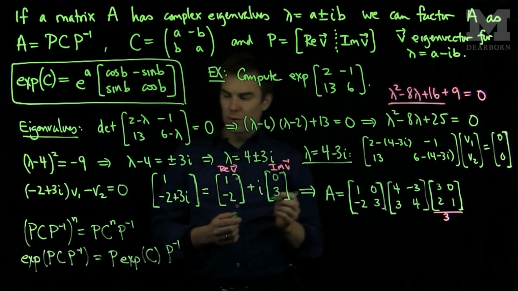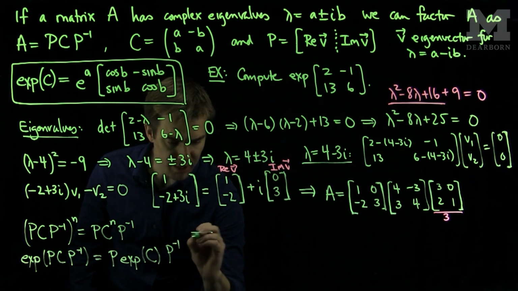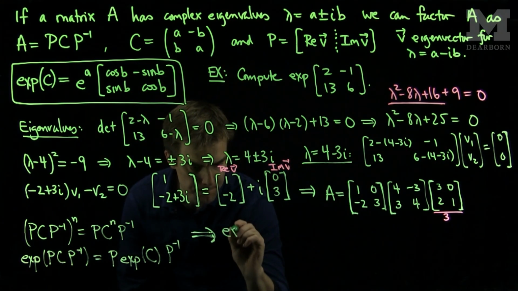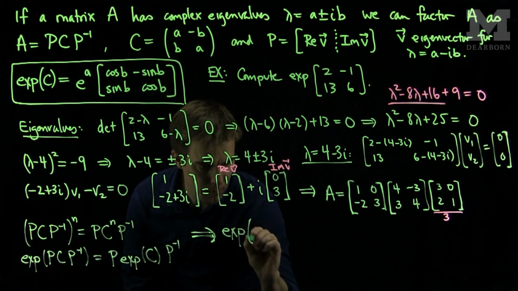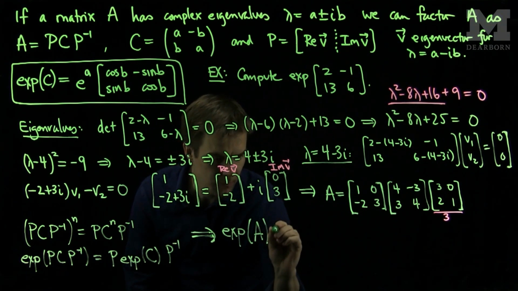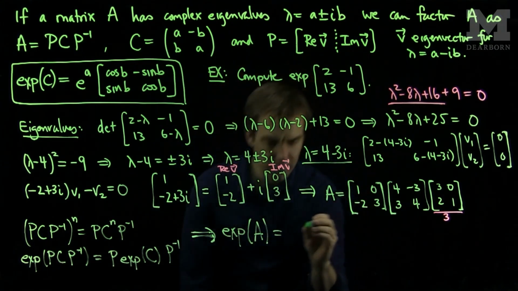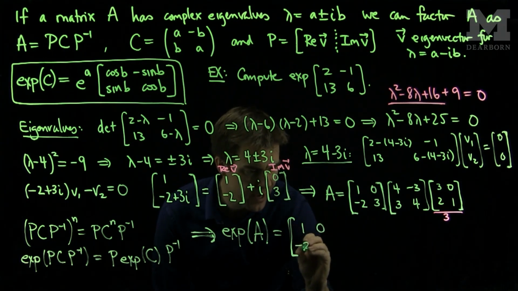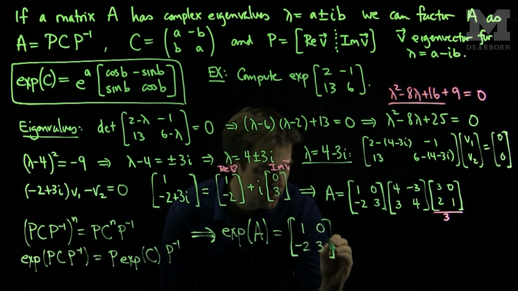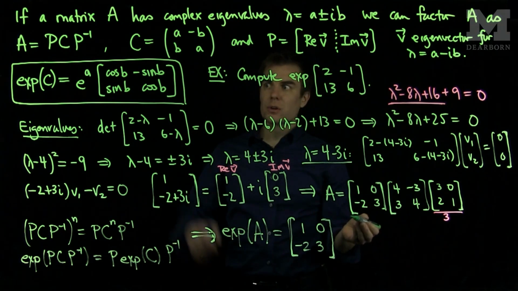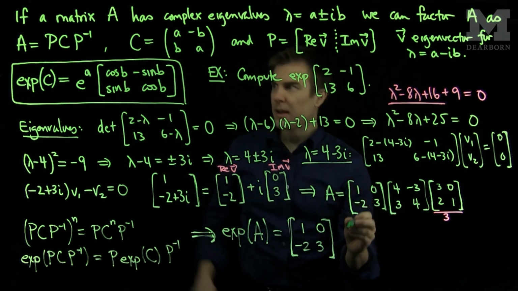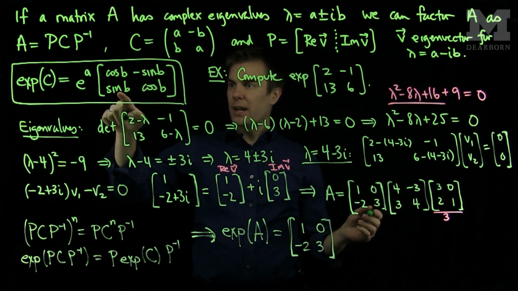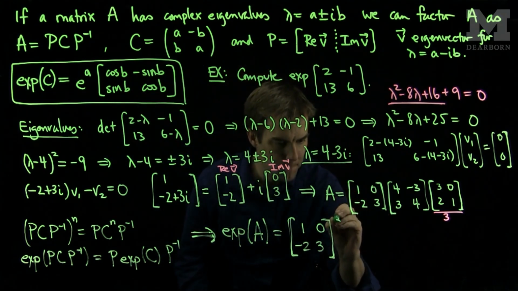I combine these two facts to conclude that the exponential of our matrix will be equal to the matrix P, which is 1, 0, negative 2, 3. Then the exponential of C, which will be e to the 4 times cosine of 3, negative sine of 3, sine of 3, cosine of 3.